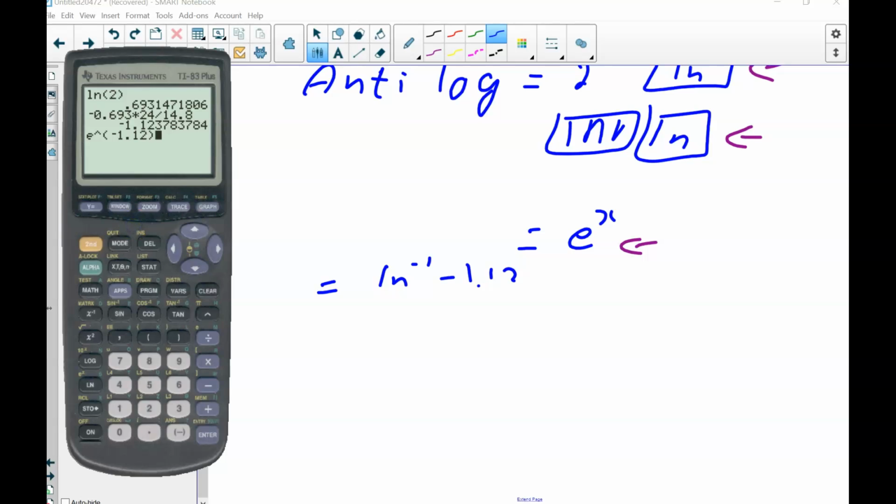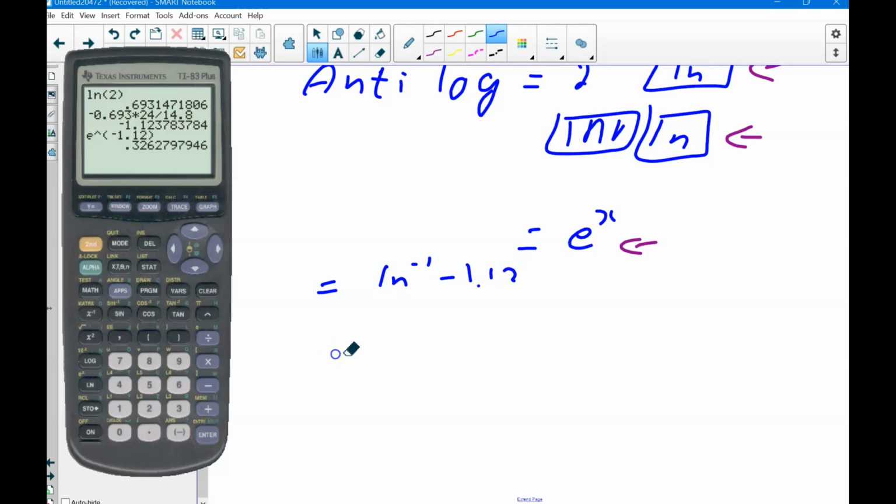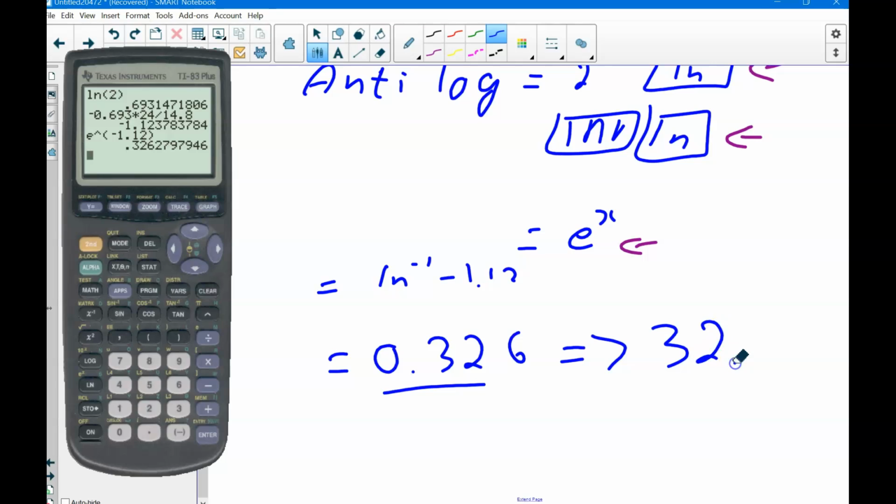Close that. And you see we get 0.326. Well, that translates into 32.6% of the sample remaining after the time.